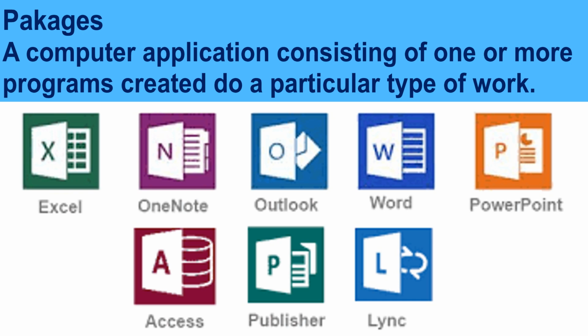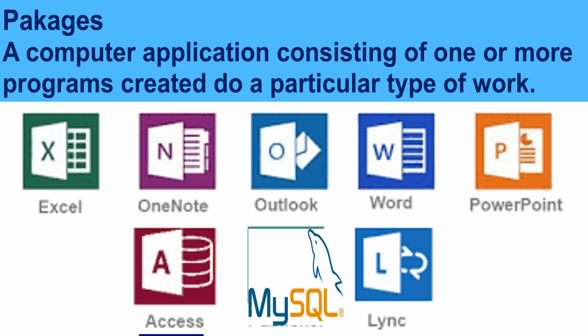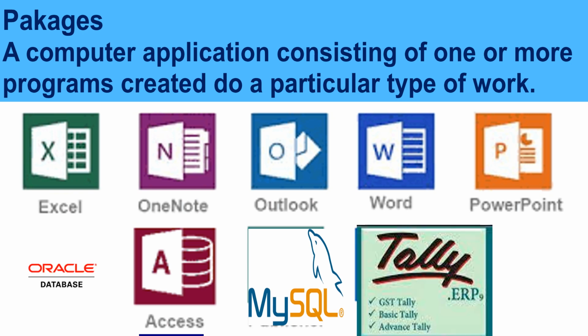Packages include the following: word processors like WordPad and Microsoft Word, spreadsheets like Microsoft Excel, graphics and presentation software like Microsoft PowerPoint, database management systems like Microsoft Access, MySQL and Oracle, accounting packages like Tally.